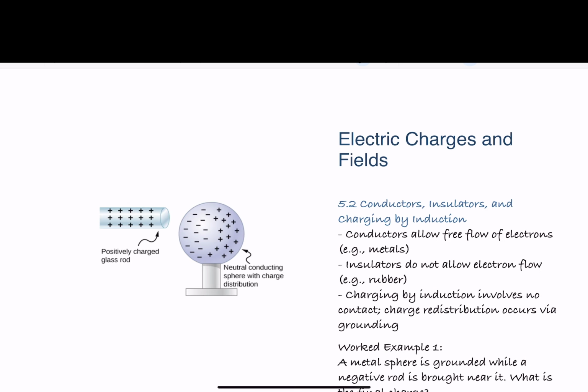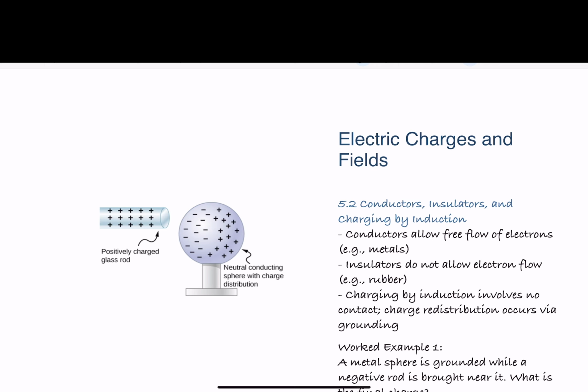Now, based on electrical conductivity, there are 3 types of materials. They are conductors, insulators, and semiconductors. Now, semiconductors is a completely different chapter, and we will talk about that later on. But now we're going to look at conductors and insulators.